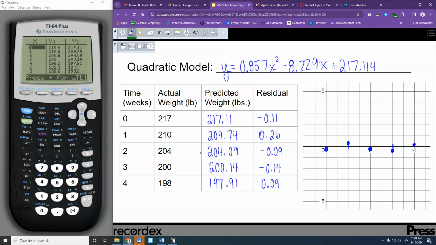Graph might be a little hard to do, that quadratic, but do the best you can.